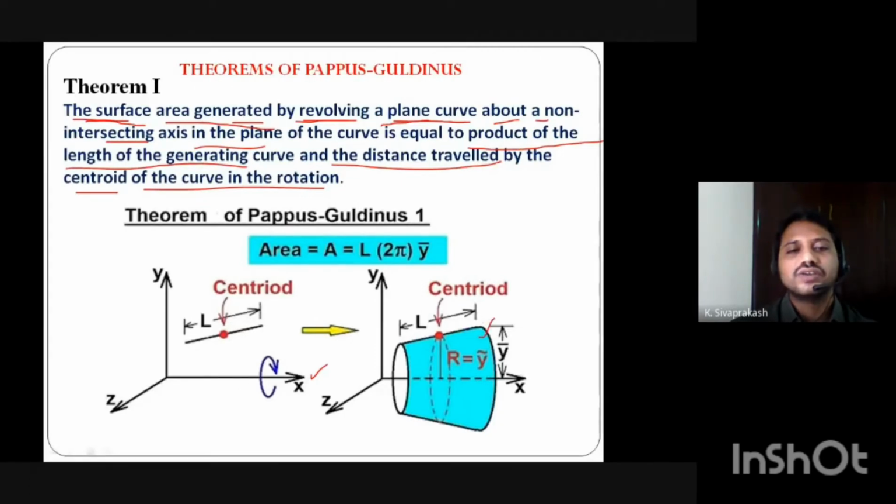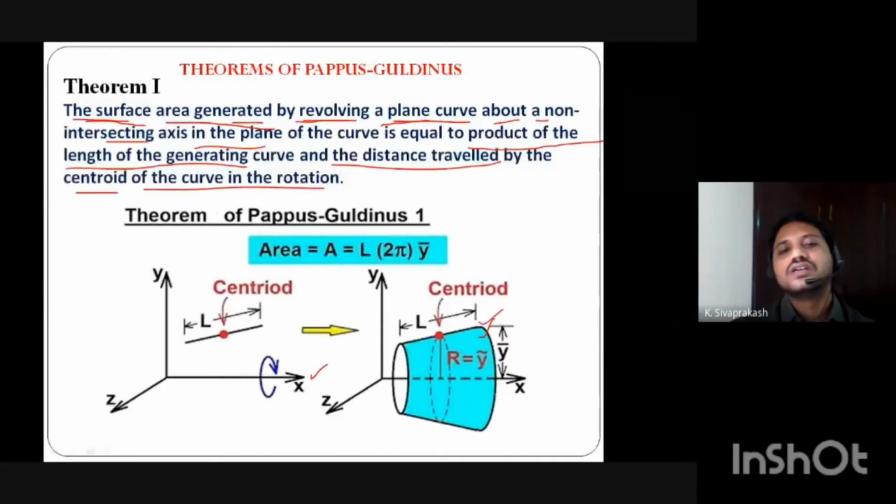When you revolve this line, the surface area is generated, which is shown in blue. This is the surface area generated by revolving the line L. Line is a curve.